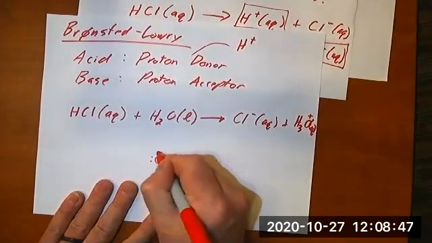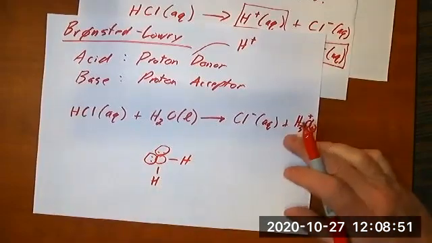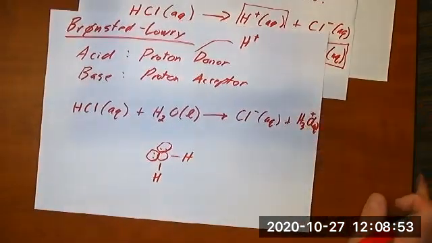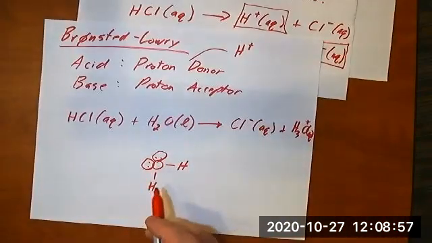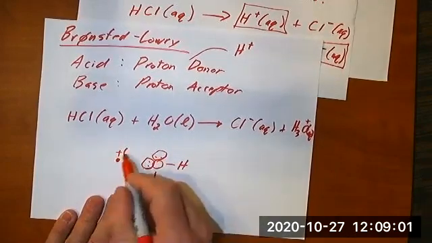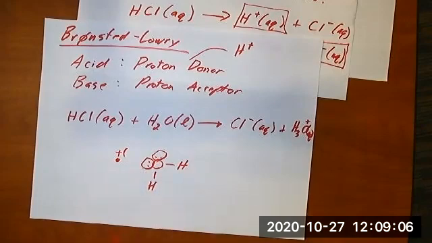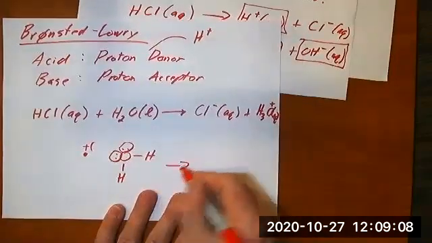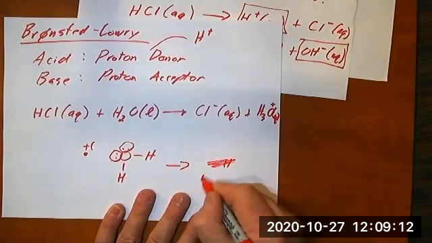Remember our Lewis structure of water, we have two lone pairs of electrons floating around the central oxygen. And so our plus charge on the proton is going to associate with one of these lone pairs to make, I'm doing this wrong, here we go.